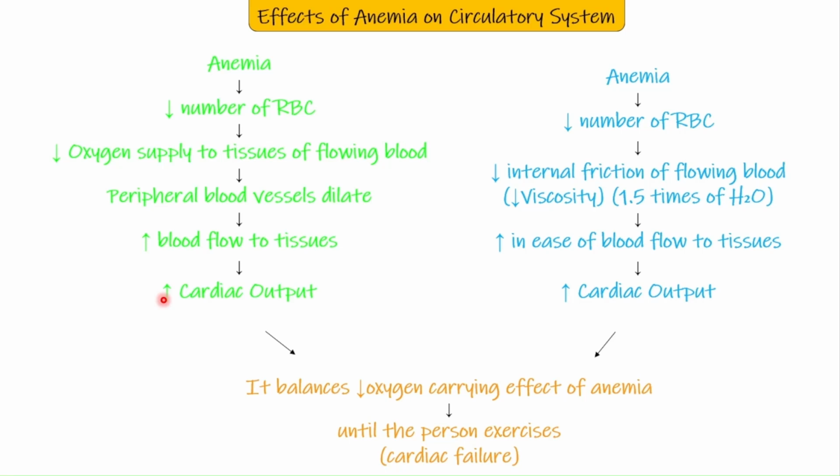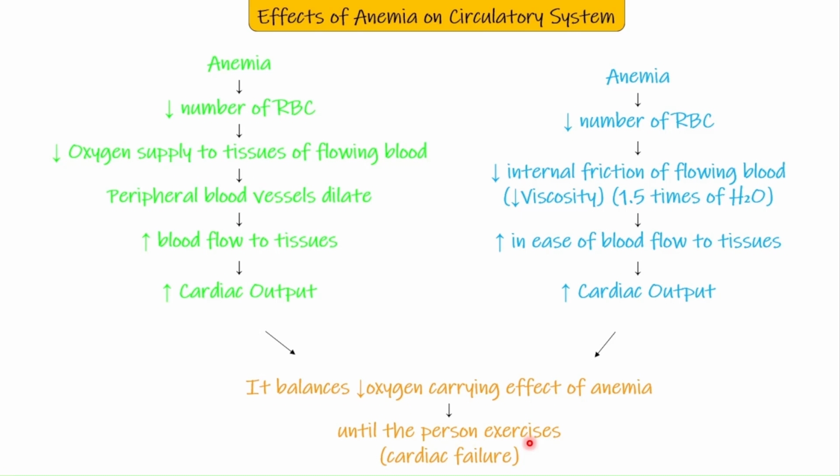So the tissues are having a normal supply of oxygen in anemia, but this is at the expense of the cardiac output. The heart is using its reserve. Okay, but the problem is when this anemic person exercises, now the cardiac reserve has already been utilized. Now the cardiac output cannot be further increased to such a level to provide the increased demand of oxygen of the exercising muscles.